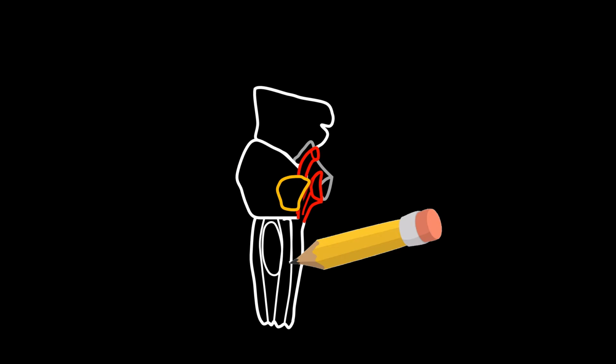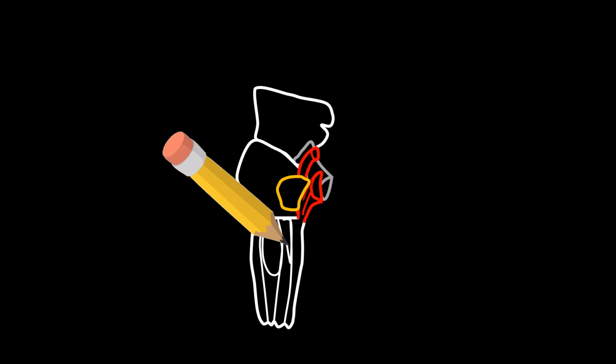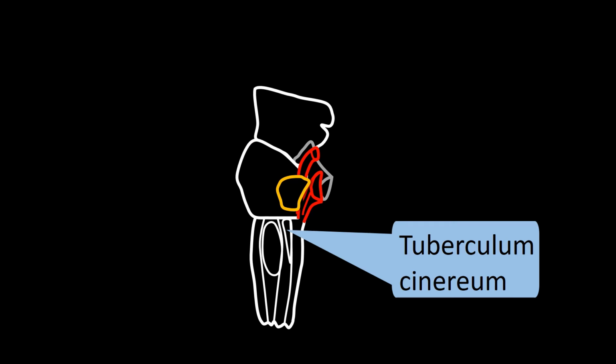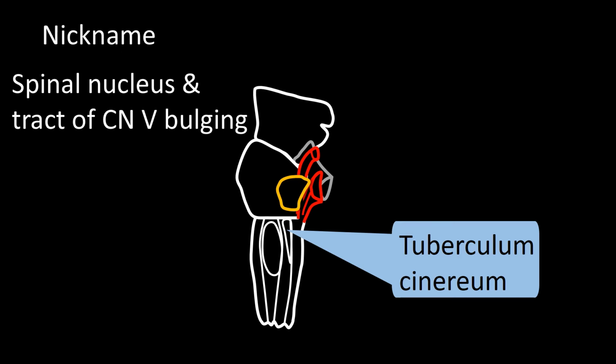Bring it down to about half the distance to the bottom, and then up again, closing the structure. This is the tuberculum cinereum, which is actually the bulge produced by the spinal nucleus and the tract of the cranial nerve 5.